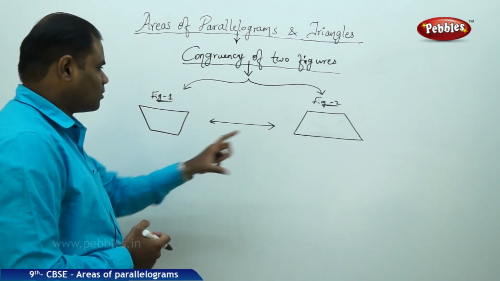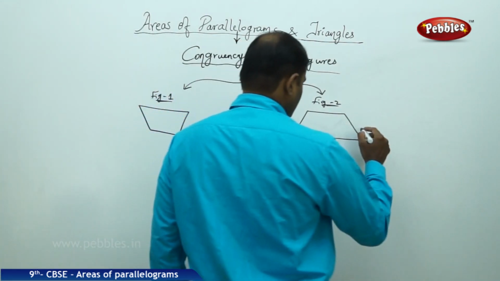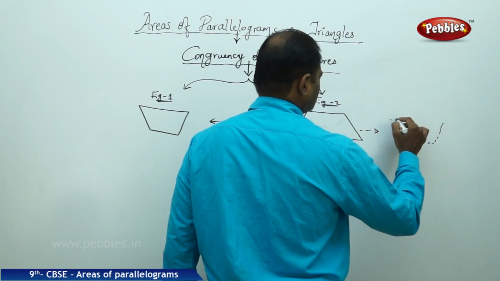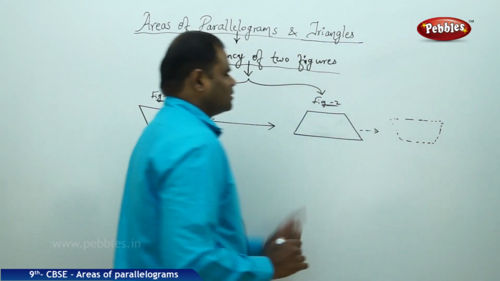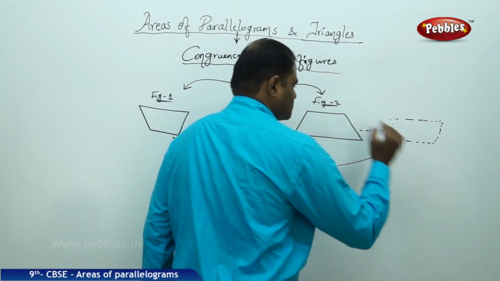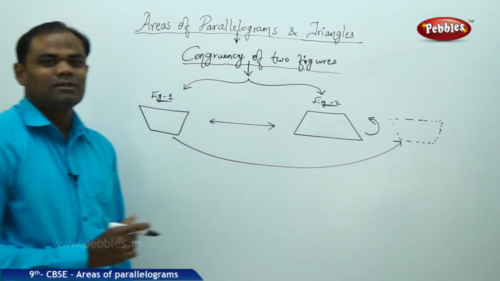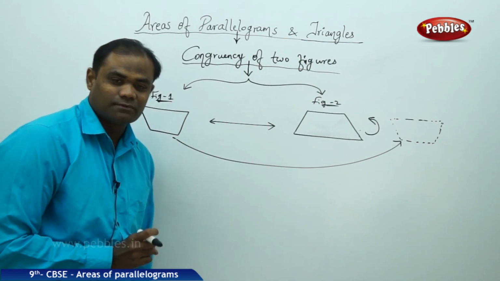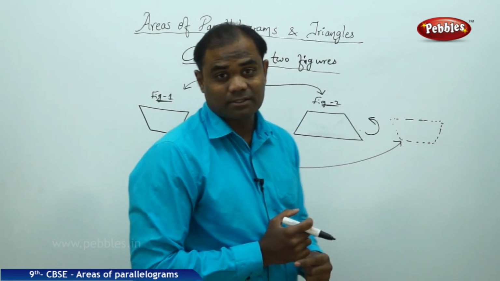Imagine this is in this form, and if I rotate this to the top, it also has the same shape. This is indirectly understood to be in this form. So this is connected with this when this is rotated into this. So this is exactly the same as this. So congruency of two figures is when they have the same shape and of course the same size.